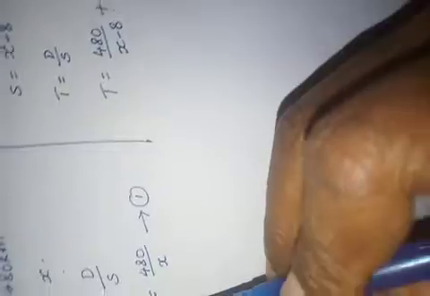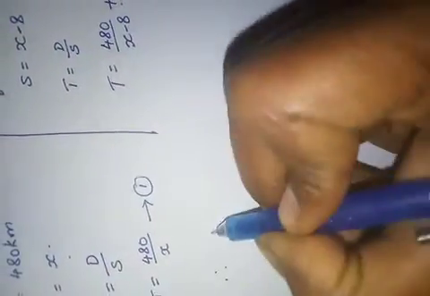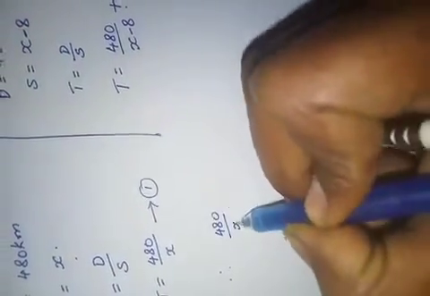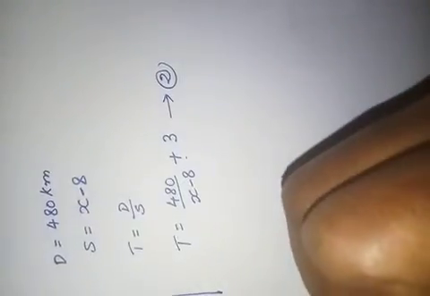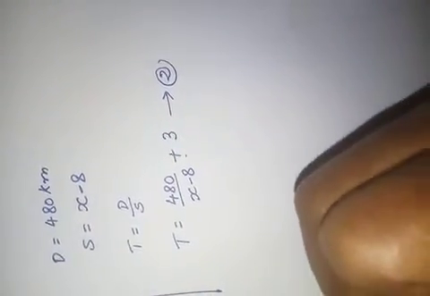Now solve those equations. This is the equation 1 time. This is also equation 2 time. Both are time only, no? Can we equate this? Therefore, 480 by x equals 480 by x minus 8 plus 3.